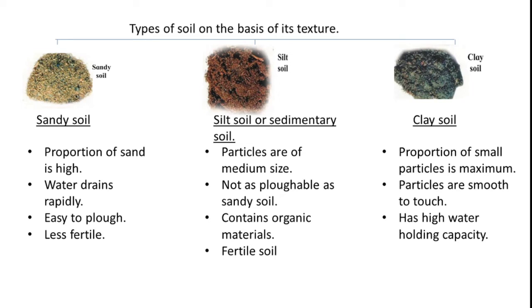Particles are of medium size, not as porous as sandy soil, contains organic material, is fertile. And clay soil. Proportion of small particles is maximum. Particles are smooth to touch. Why? Because the proportion of small particles is maximum, and it has high water holding capacity. That is also due to the presence of small particles.